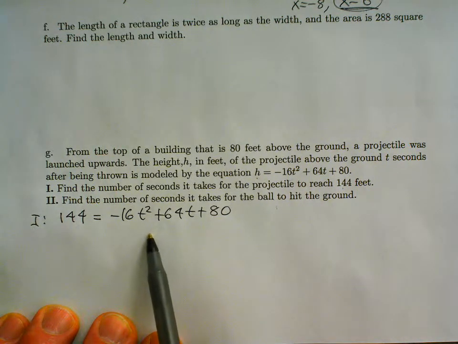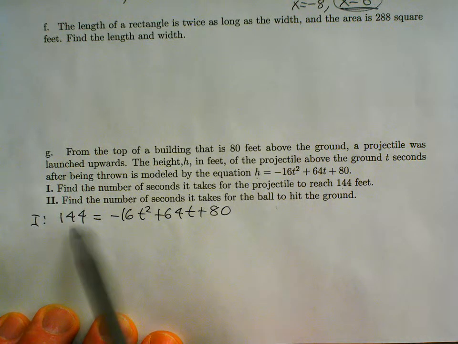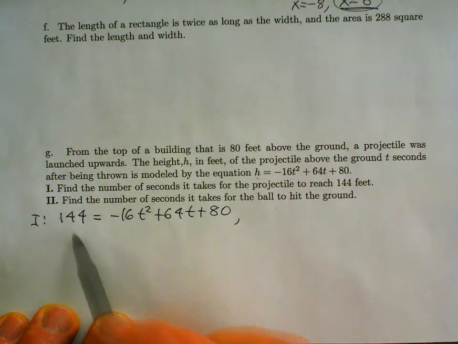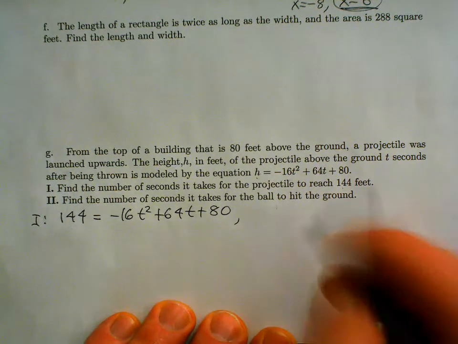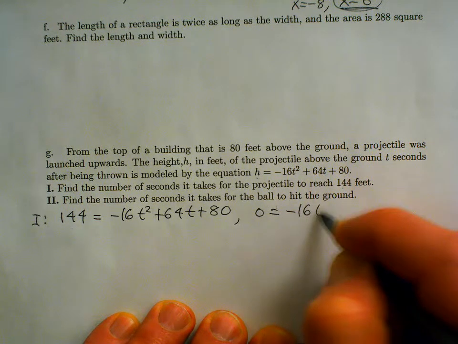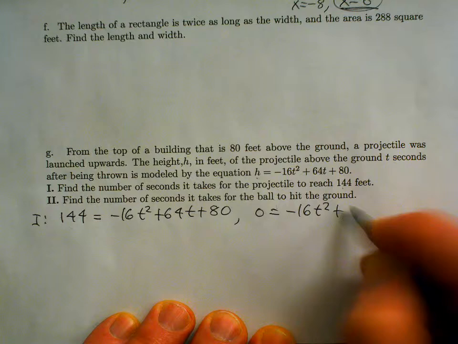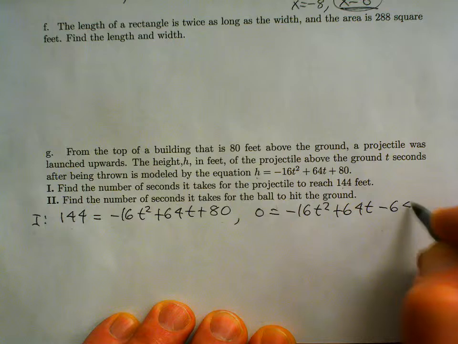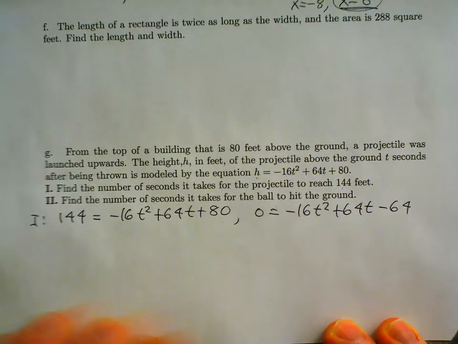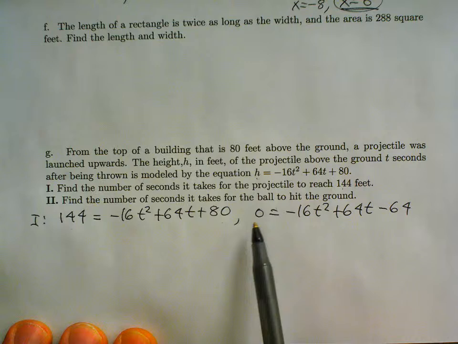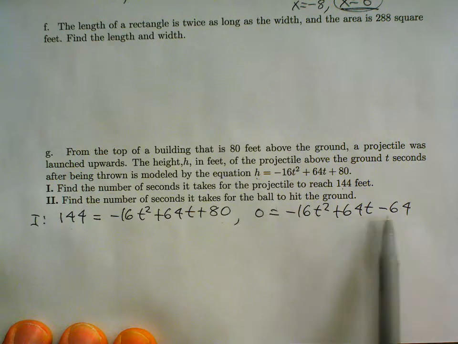So we want one side to be 0. Let's subtract 144 from both sides. We'll get 0 equals negative 16t squared plus 64t, and then 80 minus 144 is negative 64. You can get rid of a bunch of the clutter if you divide every term on both sides by negative 16.